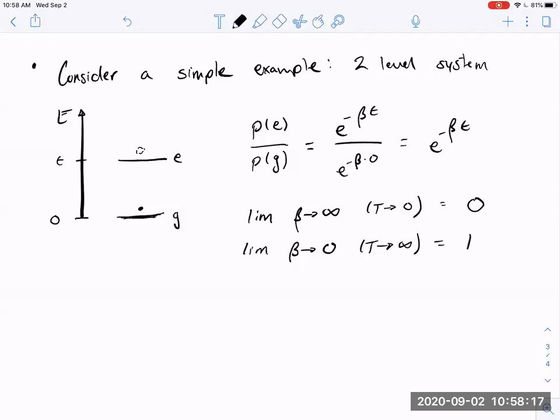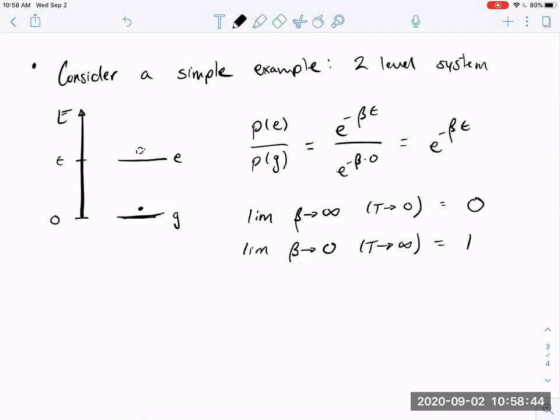At infinite temperature, this result says that I don't favor going to high energy, which some of you might have expected, but rather the ratio, the relative likelihoods of being excited or being in the ground state are equal. So at high temperature, I don't favor high energy. I just make those states equally likely.